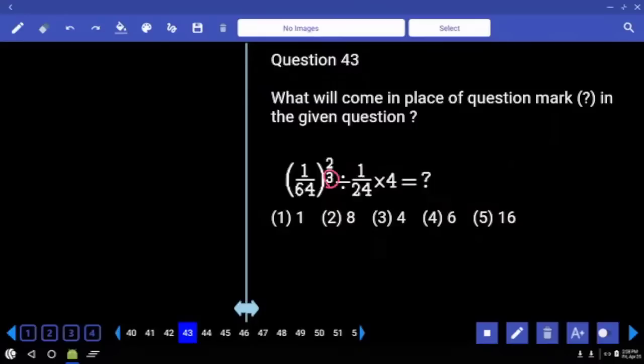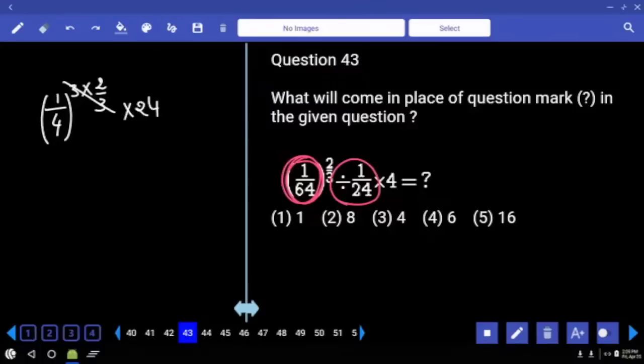So 2 by 3, in the exponent we have a fraction where the denominator is 3. So I would like to identify this number as some number to the power of 3, which we can write as 1 by 4 cube to the power of 2 by 3, 3 gets cancelled, and then divided by 1 by 24 can be written as into 24, and then also we have into 4, correct?